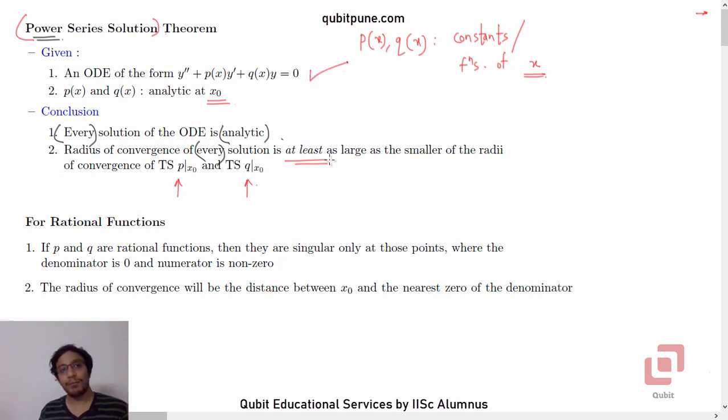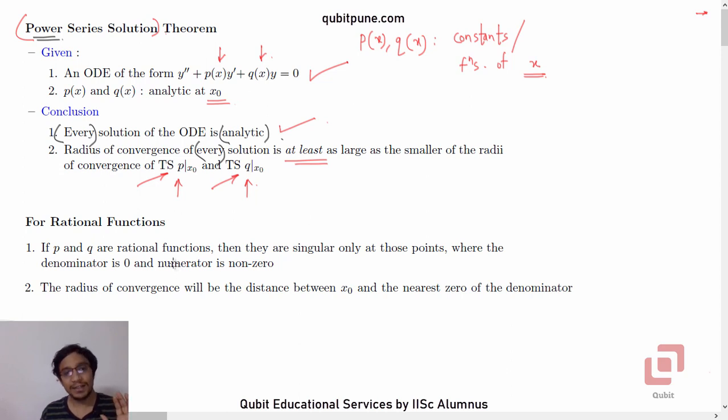For this theorem, we have both p of x and q of x to be analytic at x0, and according to the theorem, we conclude that every solution of the ODE is going to be analytic, and because it is a power series solution, it is essential to talk about the radius of convergence, and the radius of convergence of every solution is at least as large as the smaller of the radii of convergence of these two Taylor series expansions. Of which two functions? Of the coefficients p of x and q of x at the point where both p and q are analytic.